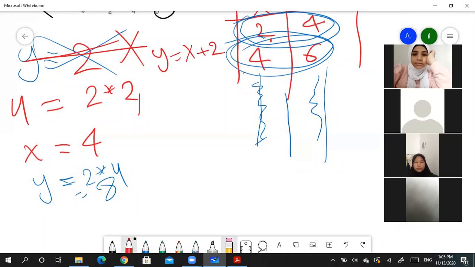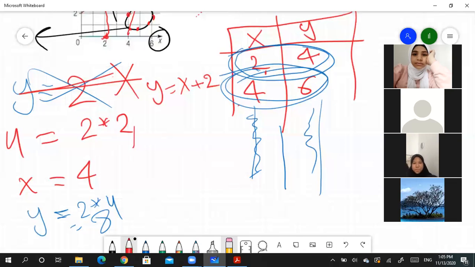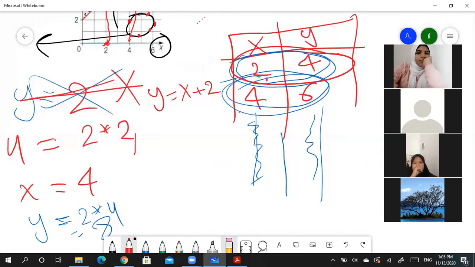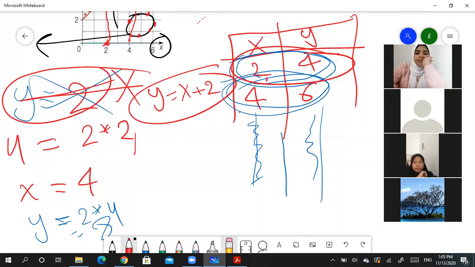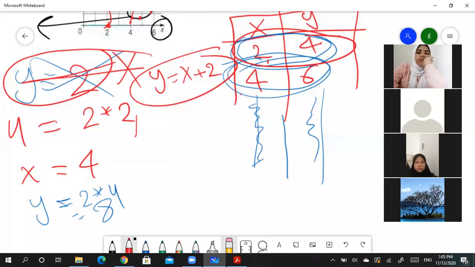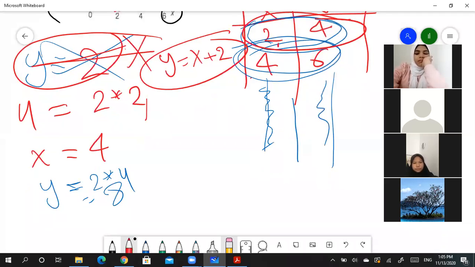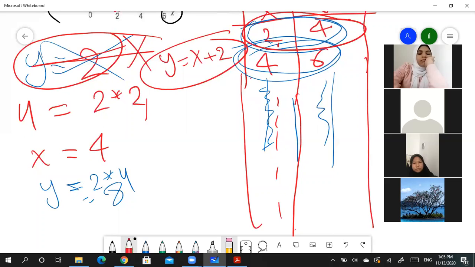Did you see the difference? The first point satisfied this function and this function, both of them, right? So to make sure your function is correct, you have to place a lot of points and then test the points on the rule.